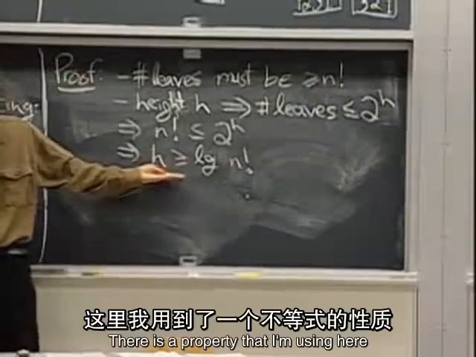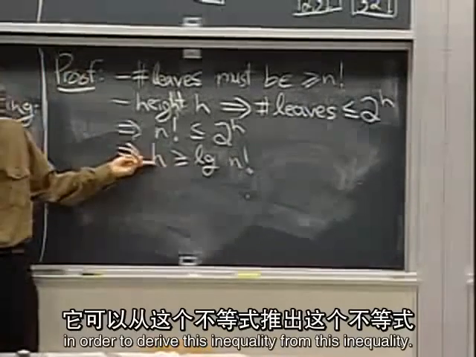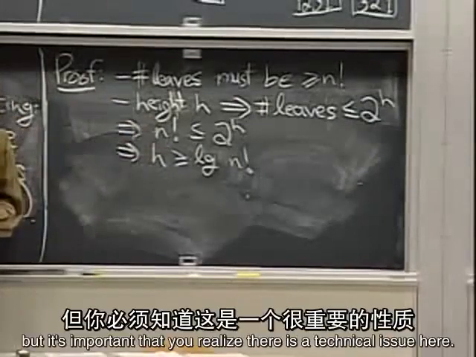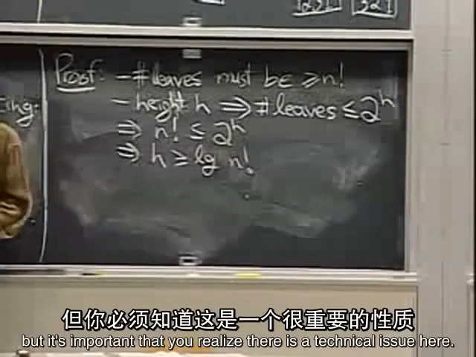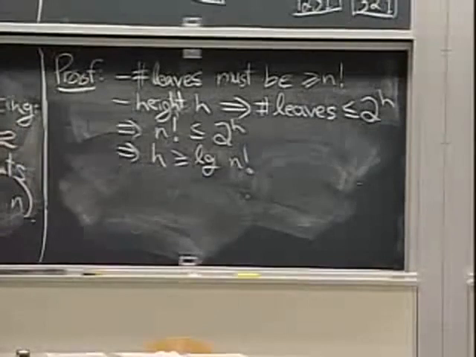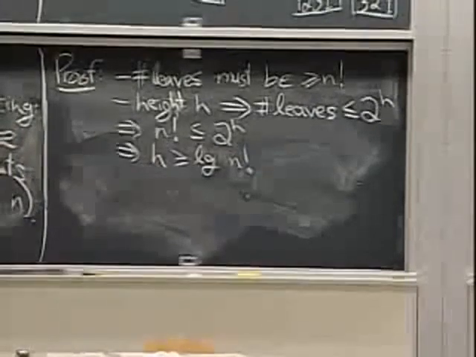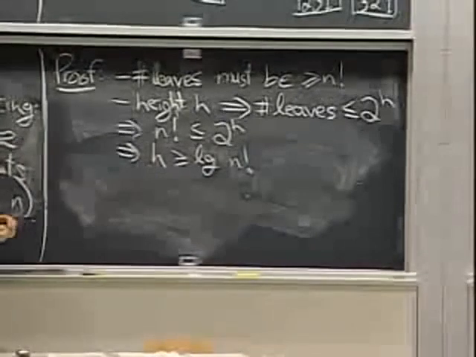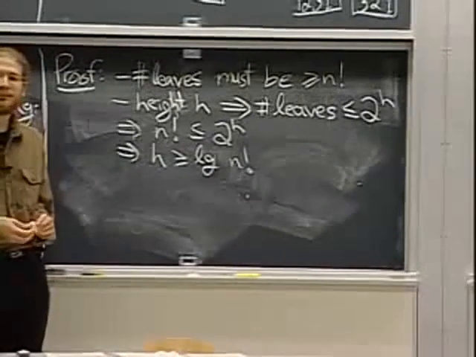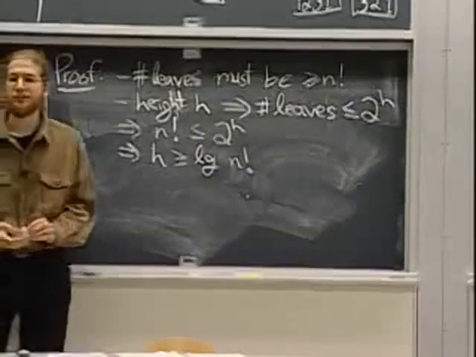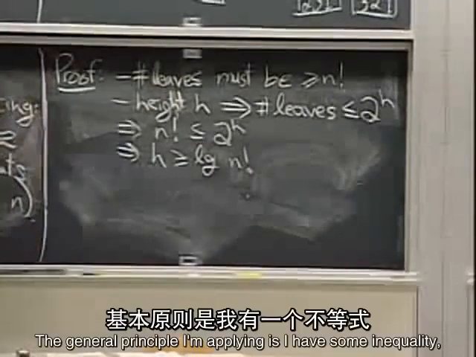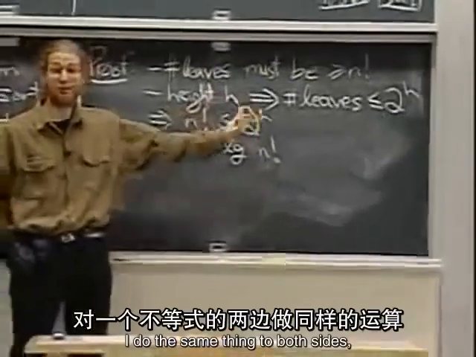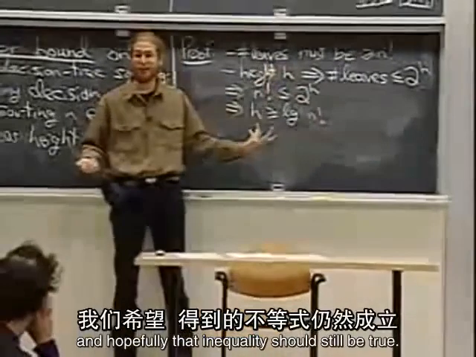There's a property that I'm using here in order to derive this inequality from this inequality. This is a technical aside, but it's important that you realize there is a technical issue here. The general principle I'm applying is I have some inequality. I do the same thing to both sides, and hopefully that inequality should still be true.